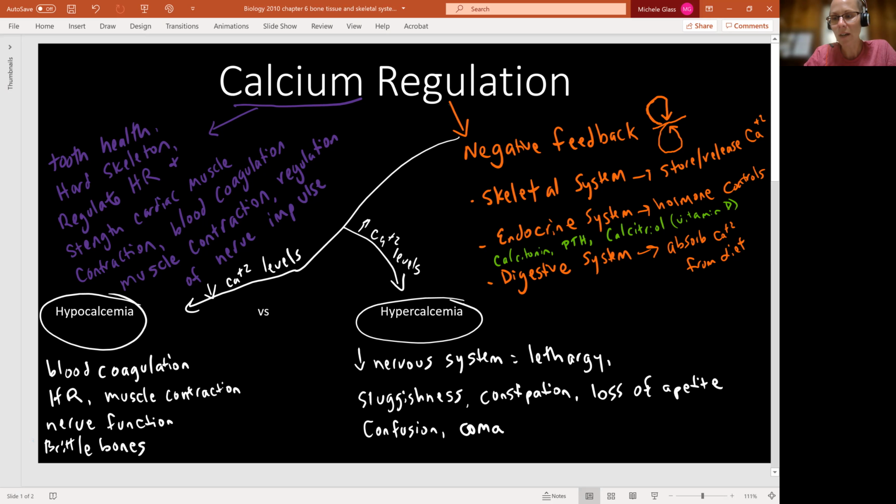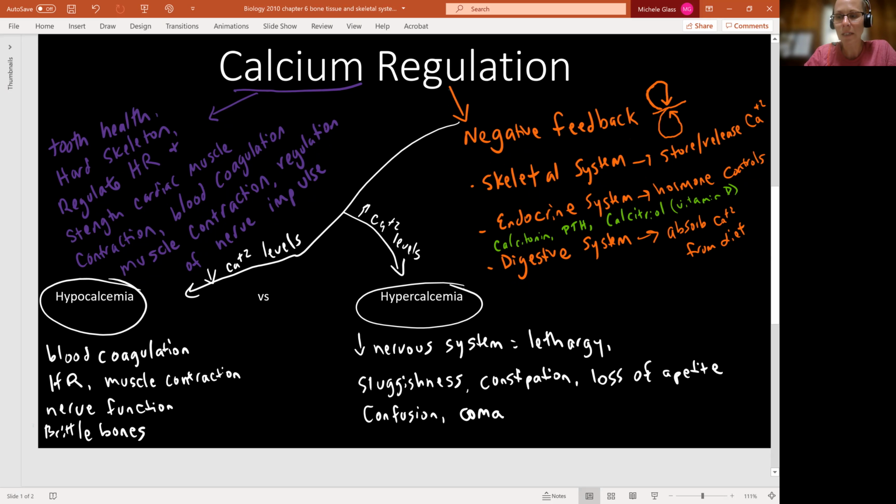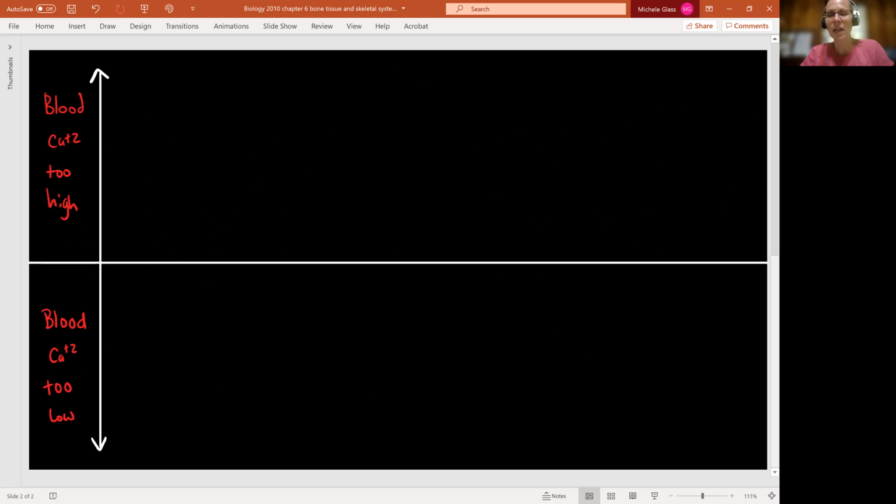So to really talk about blood calcium regulation, we're going to go through that negative feedback mechanism. And so as you can see here, what I've done is divided my screen, or, you know, like I would probably even divide my paper in half. And then I have one side that's looking at when blood calcium levels are elevated.